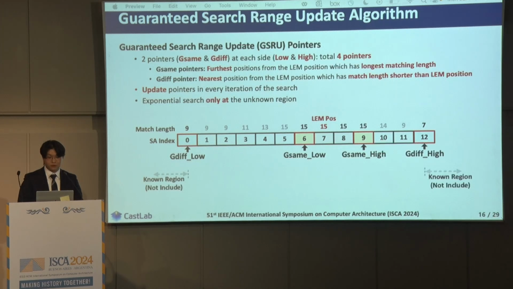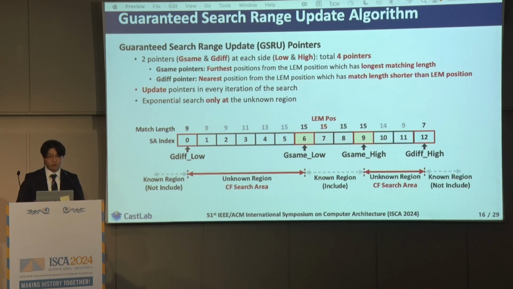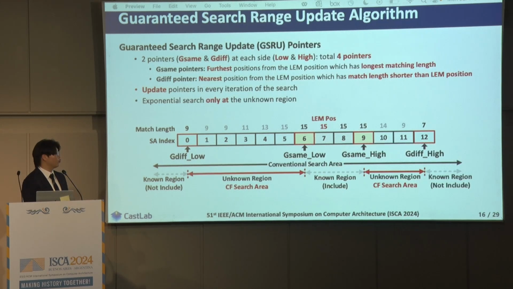The positions outside the gdiff pointers are already known not to be included in the results, and the positions between the GSAM pointers are already known to be included in the results, which is the SMEM. So only 2 positions between the gdiff and GSAM pointers are unknown, and they need to be searched. Compared with the conventional search area, this area is very small, which means memory accesses can be reduced.